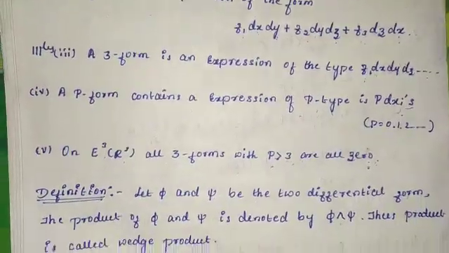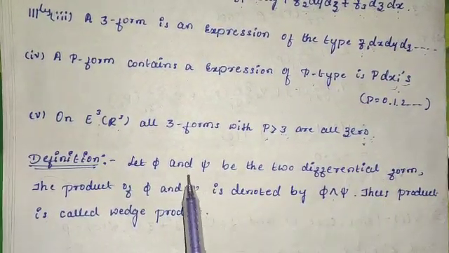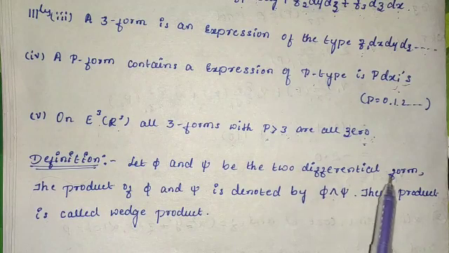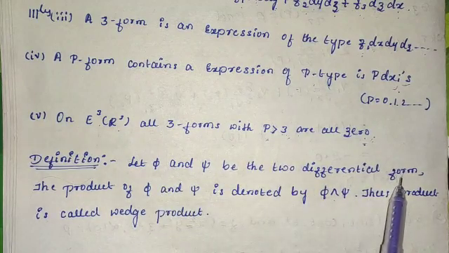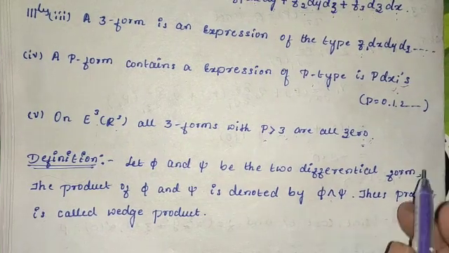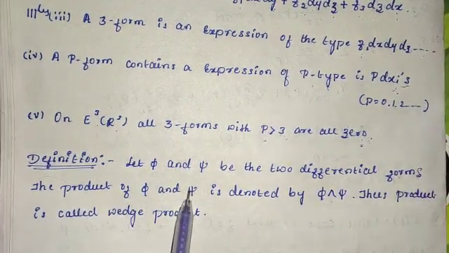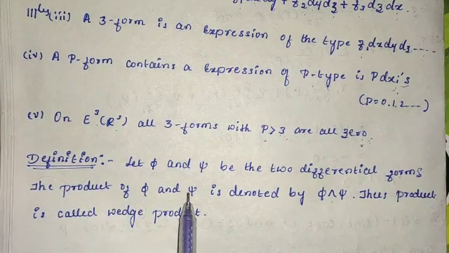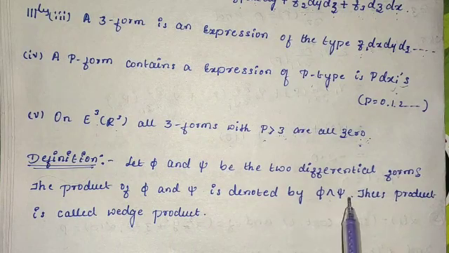Then we move on to the definition. Look here. Let pi and xi be two differential forms. The product of pi and xi is denoted by pi wedge xi.